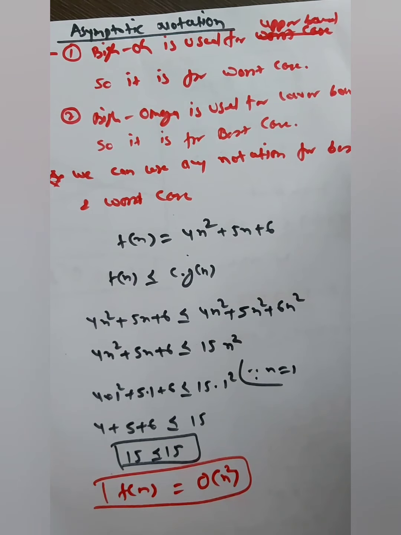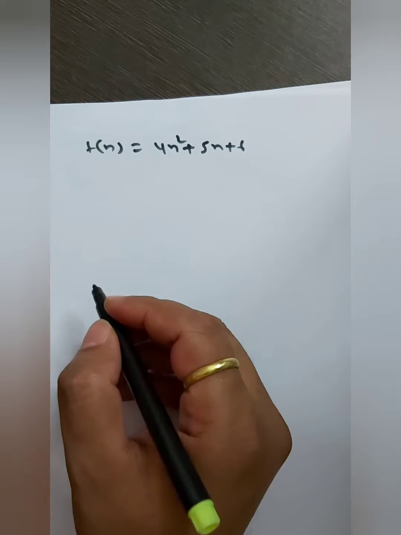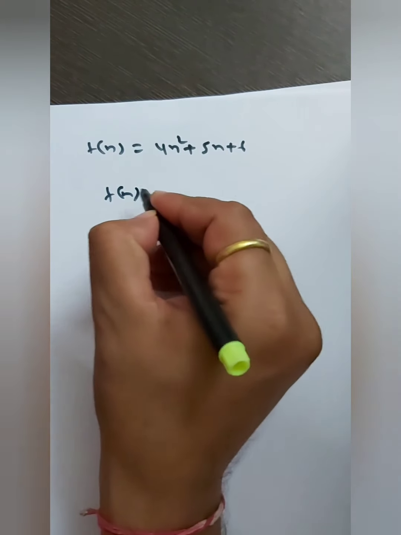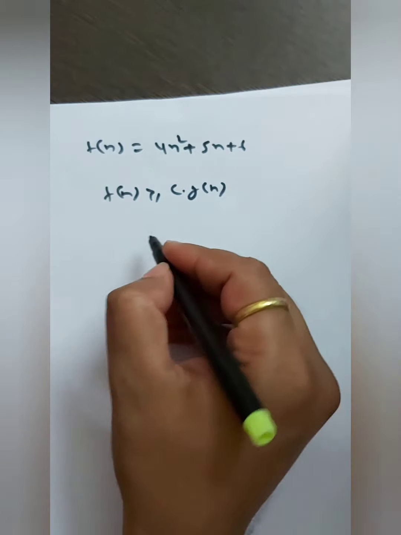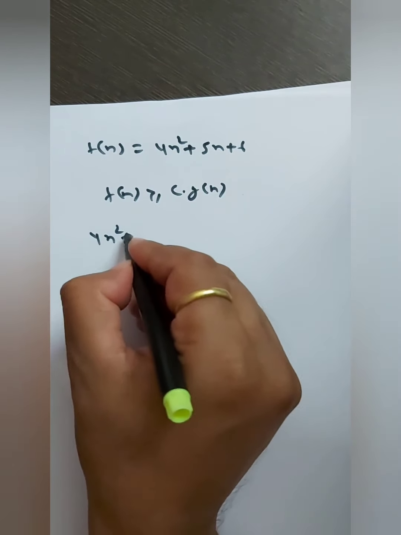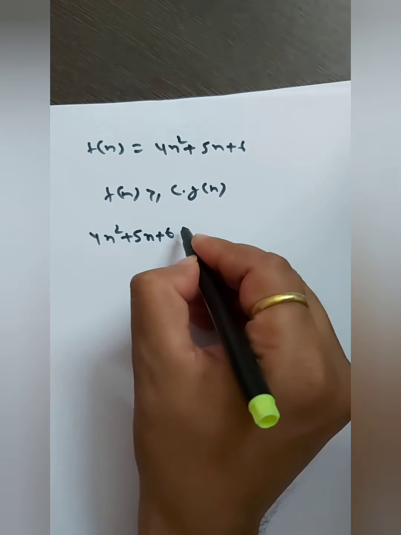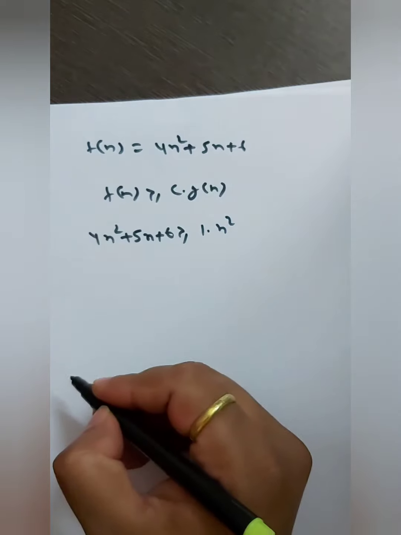Now we will take the same example for big omega. So the big omega says that f(n) is greater than or equal to c g(n). So what is the value of f(n) = 4n square + 5n + 6? Now we will take the value here as 1 times n square.